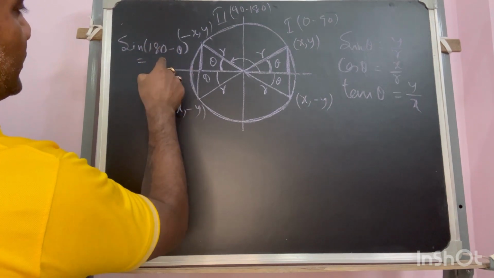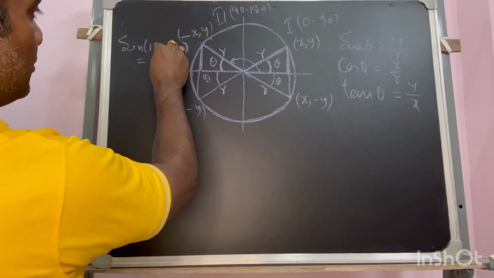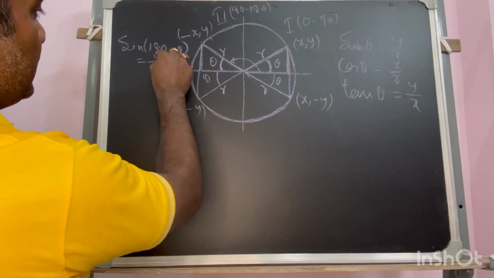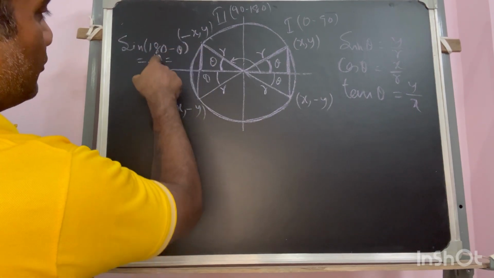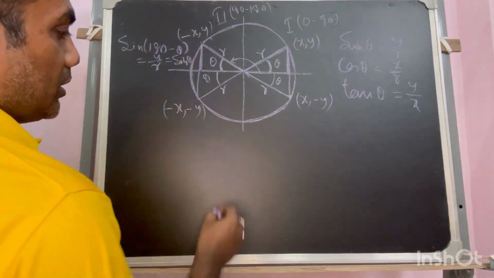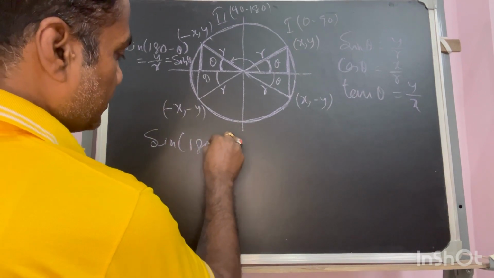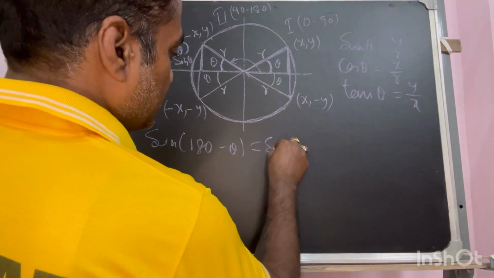So sine will be y by r, which is the same as before. So the corollary we established yesterday: sine of 180 degree minus theta is equal to sine theta.